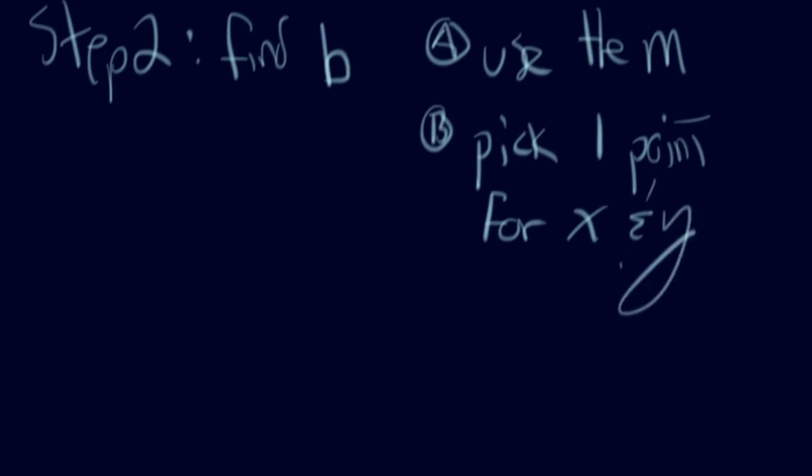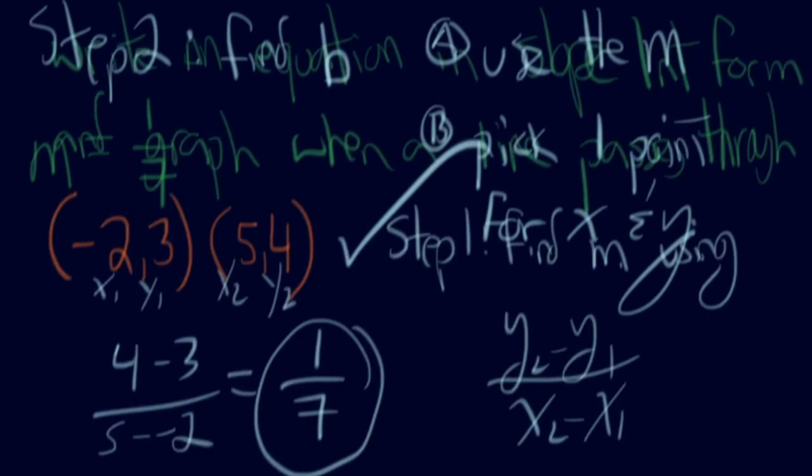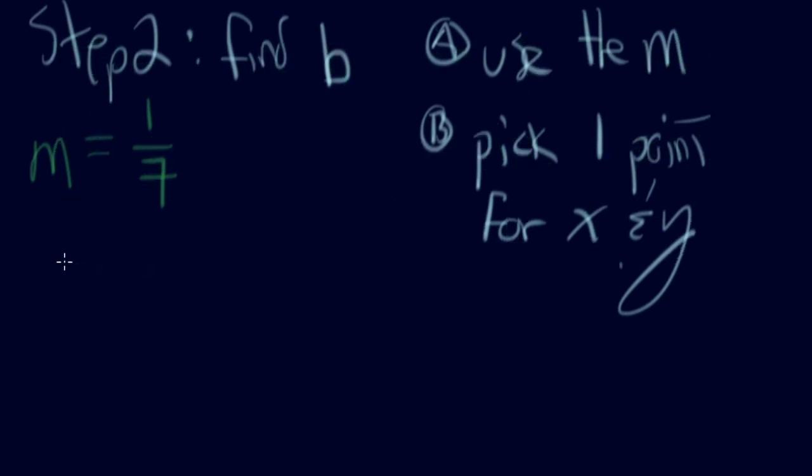Okay, so what kind of things do you know now? You already knew that your m was going to be 1/7, but now you have to pick a point. So remember, your points were (-2, 3) and (5, 4). Those were your points. You only need to pick one of them. It doesn't matter which one you want to pick.